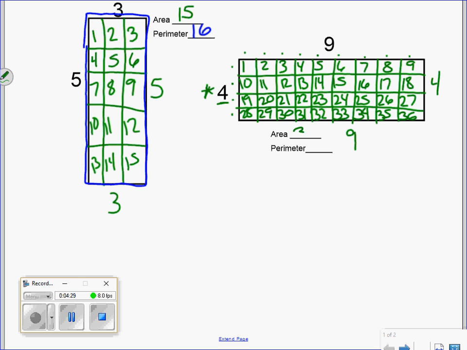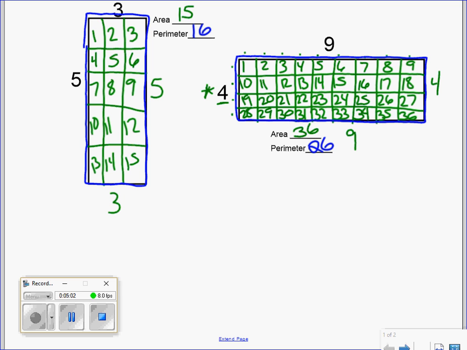So my area would be 36. Now to find the perimeter, again, I just count the outside edges of these boxes. 1, 2, 3, 4, 5, 6, 7, 8, 9, 10, up to 26. So the perimeter there would be 26.